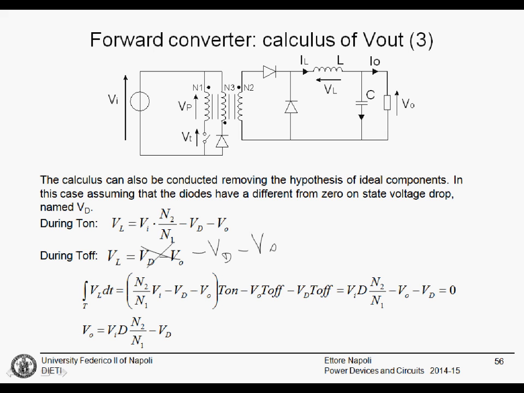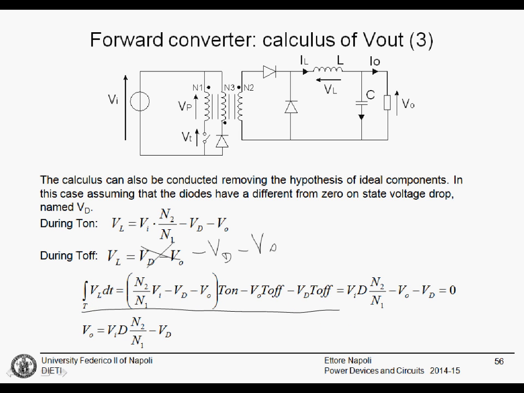The integral of the inductor voltage is then N2 divided by N1 multiplied by VI minus VD minus VO, multiplied by T on, minus VO minus VD multiplied by T off. This relation is correct.